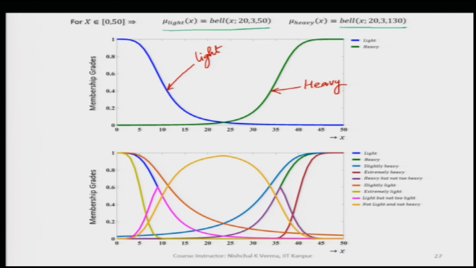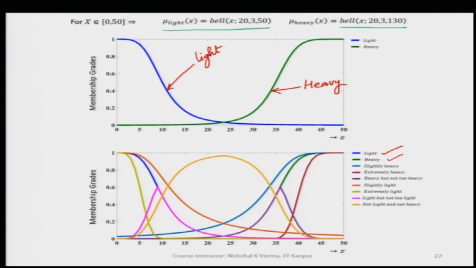So, when we have these two primary terms, you can now see when we obtain the linguistic hedges and thereby the composite linguistic terms and the representation as fuzzy sets, the blue colored fuzzy set is for light, and then here we have the green colored fuzzy set for heavy.